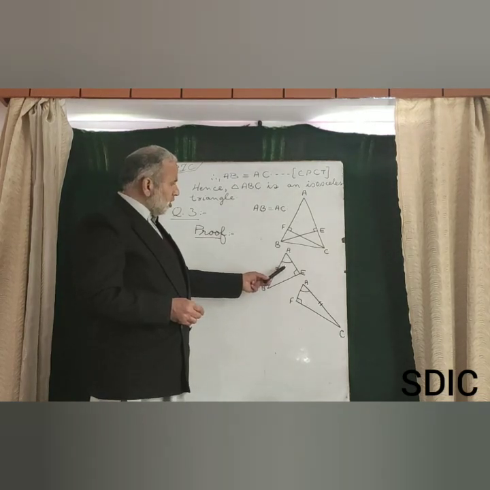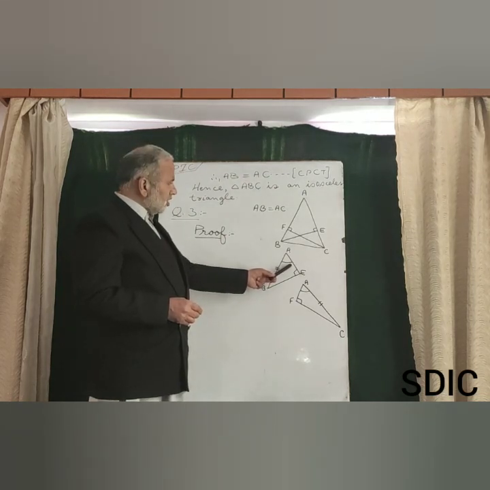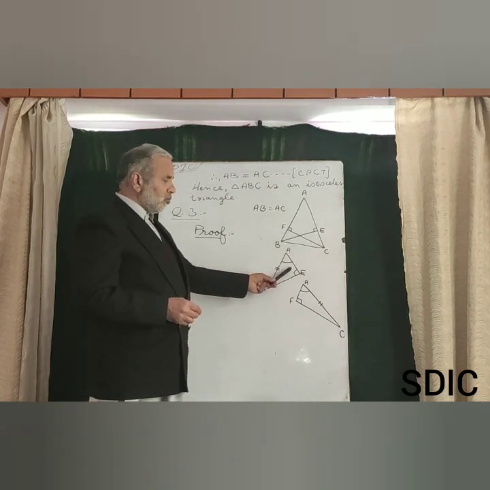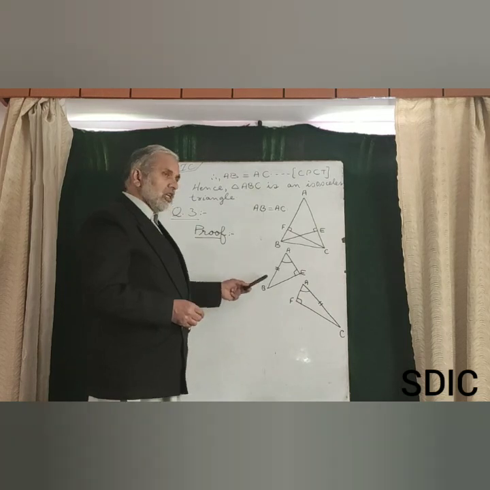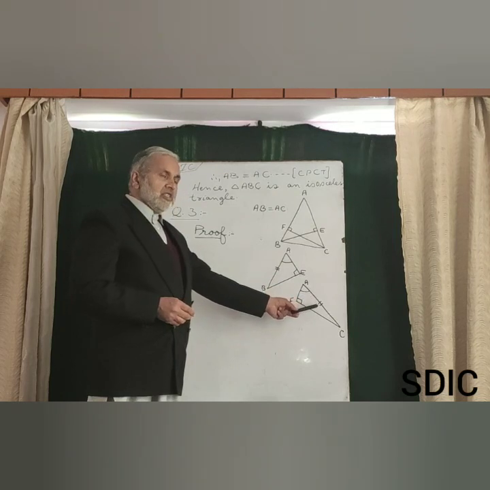If you examine in this figure that I have pointed to, the included side is AE. But we have chosen the side AB here. It is given to us equal to the side AC.